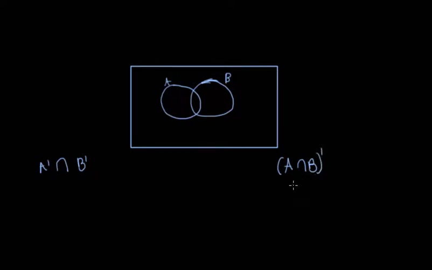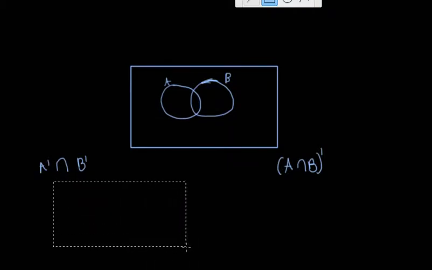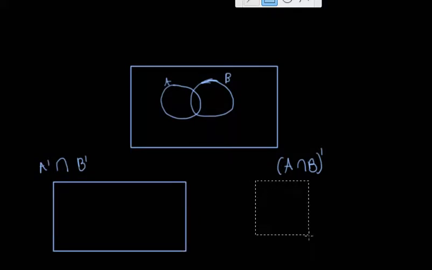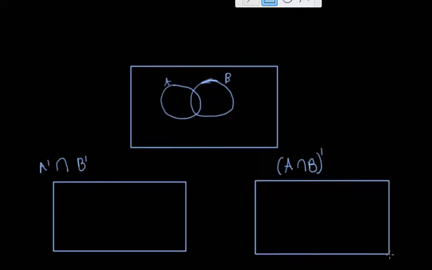So how are these different? That is the question. What makes these two things different, apart from the fact one's got brackets and the other one doesn't? So let's draw the two universal sets, and we'll start off with what we've got up the top.